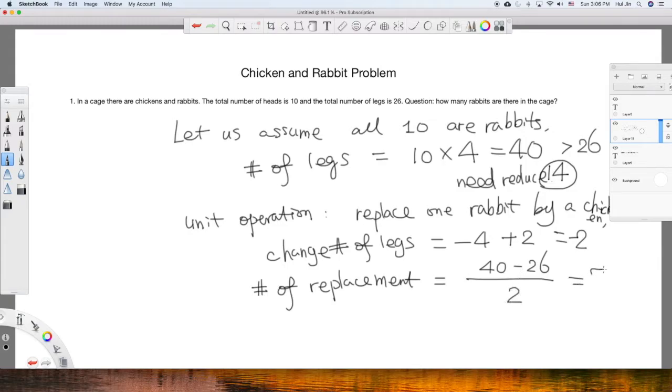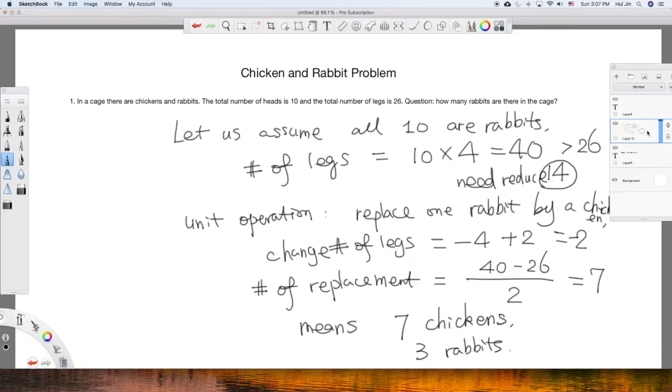So that's 7, which means you're going to replace 7 times, which means 7 chickens, because you're taking 7 rabbits out and putting in 7 chickens, and then 3 rabbits. Okay, is it clear? This is a method I call the unit operation, and it does not require any algebra, and supposedly a 3rd grader should be able to do it. And we'll see this method is super powerful.